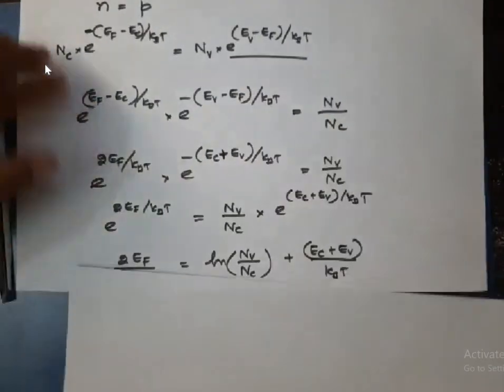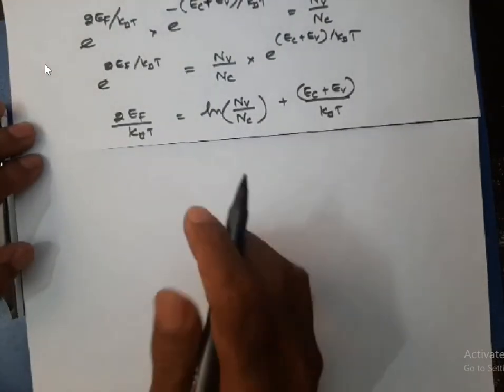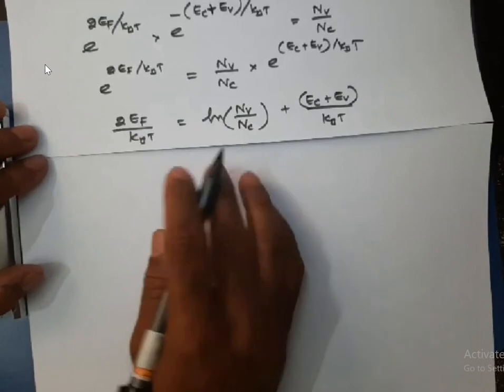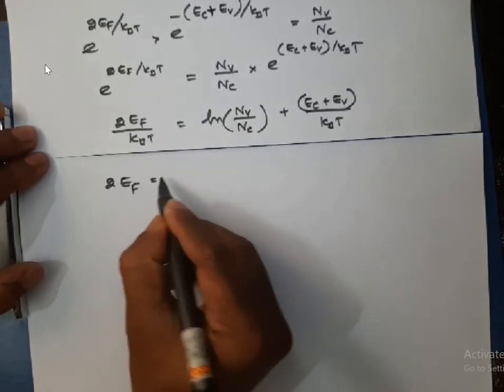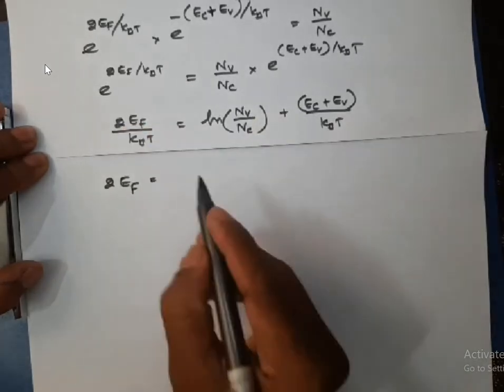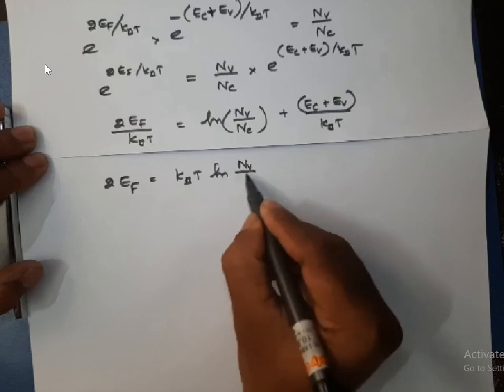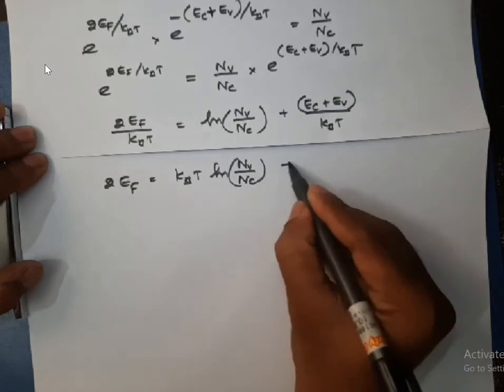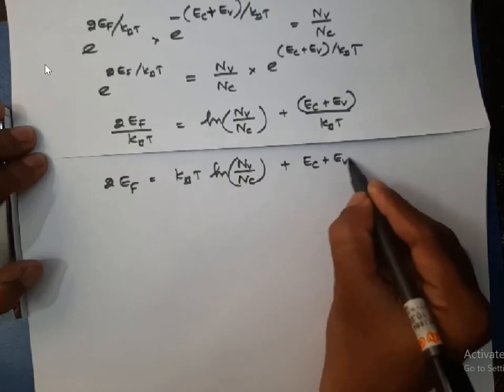See what I'm going to do is, to calculate the Fermi energy, I'm going to proceed like this. So 2 into EF, I'll multiply everything by kBT. So I'll get kBT into ln NV by NC plus, if I multiply by kBT it cancels, so I'll get EC plus EV.